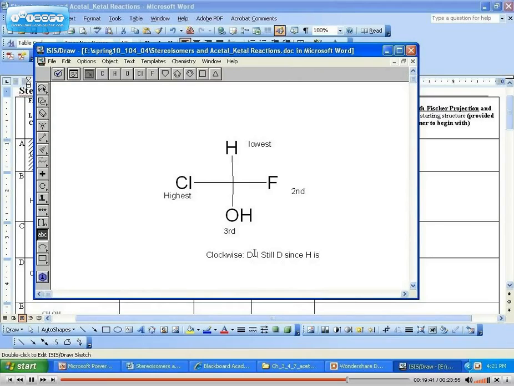So in this case, it would still be a D, since hydrogen is a dash. Consequently, this is a D enantiomer.